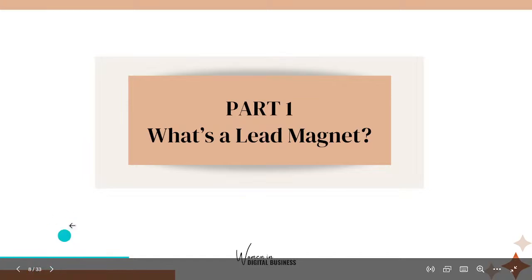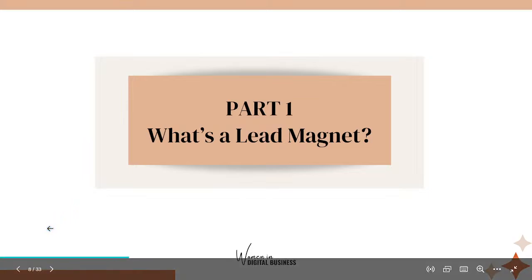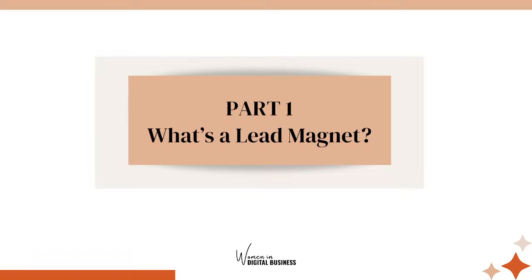So how are we going to start with that? We're going to start with talking about lead magnets. So again, within your customer journey, you've got the awareness stage. How will I make my customer aware of me? Even before that, you have to understand what your brand stands for, who your audience is, and what your value proposition is. Then you want to make your audience aware of you.